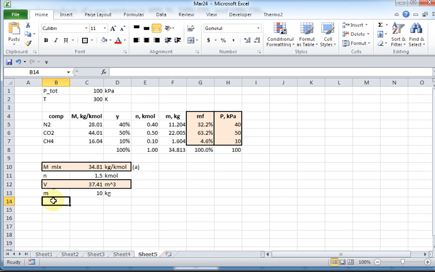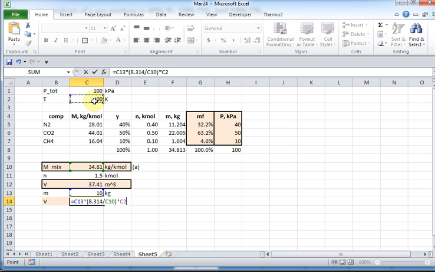So the volume in cubic meters will be equal to the total mass times the gas constant, R bar 8.314, divided by the molar mass of the gas mixture. Now multiply that by temperature and divide by the pressure. And the answer is right there.